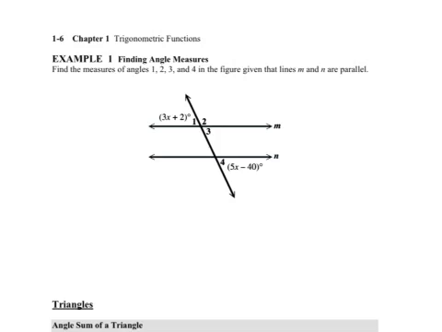Okay, if we look here, it says find the measures of angle 1, 2, 3, and 4 in the figure given. The lines M and N are parallel. Well, if you look here, we have angle 1 and angle 4, which are alternate exterior angles. And if you look on the previous page where we talked about alternate exterior angles, you would know that these angles are equal. So to solve this, we can say 3x plus 2 equals 5x minus 40. So what I'm going to do first is set these equal to each other. I'm going to add 40 to both sides.